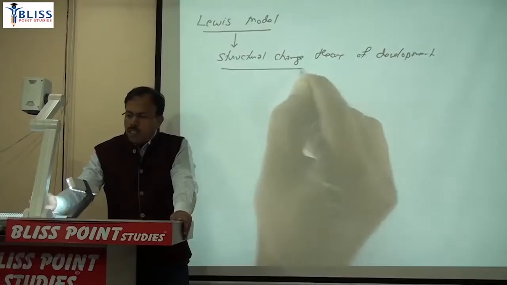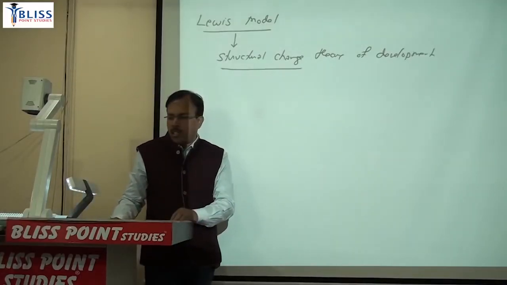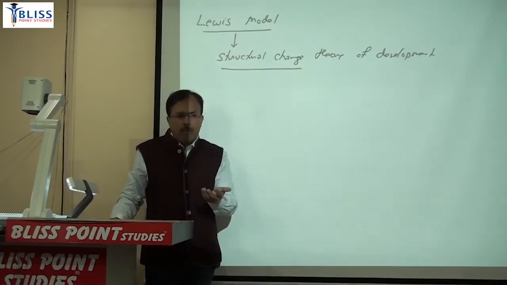The Lewis model is basically the structural change theory of development, which means exactly that during economic development the structure of the economy will change. So what do you mean by the structure of the economy?